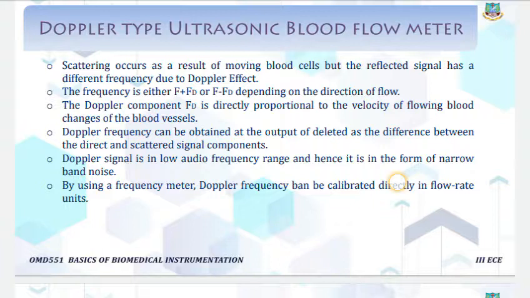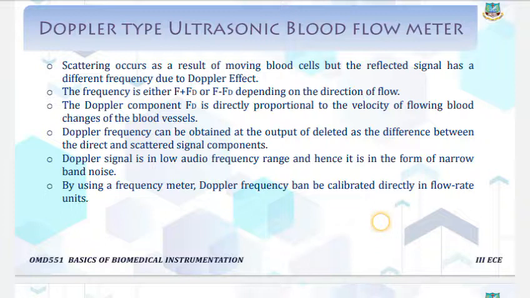The Doppler frequency obtained at the output is defined as the difference between the direct and scattered signal components. The Doppler signal is in the low audio frequency range and hence it is in the form of narrowband noise.